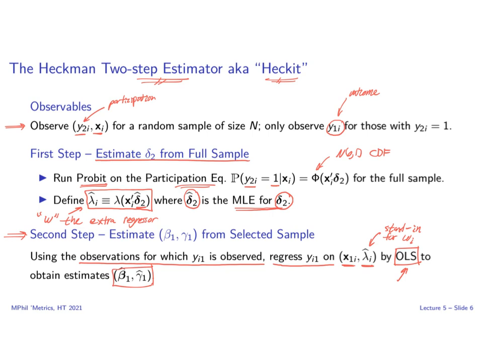Namely, beta 1 hat is an estimator of the relationship between x1 and y1 in the whole population, not just the selected population, and gamma 1 hat is an estimator of gamma 1, which tells us the nature and extent of the sample selection problem.